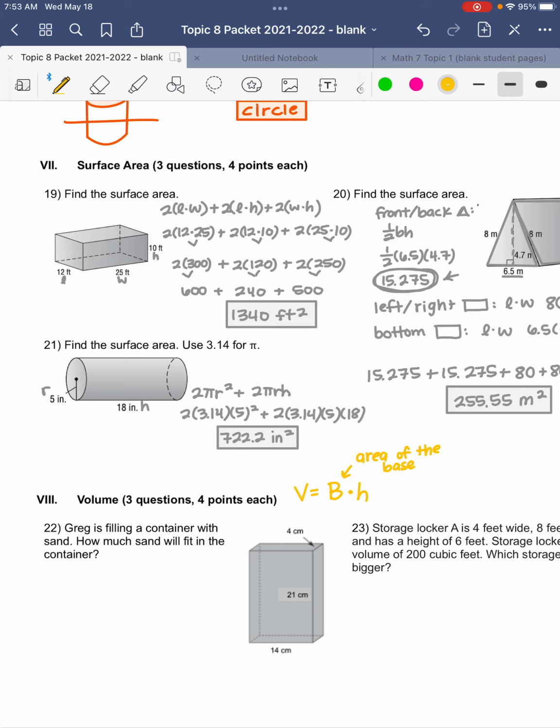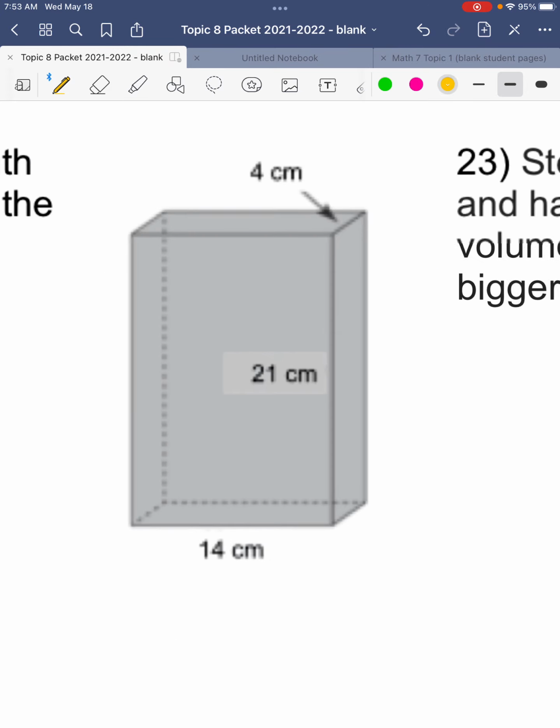Well, we've got a rectangular prism, and I know that my base is this rectangle down here, okay? Now, to find the area of that, I would just multiply length times width. And my width, it's labeled up here, is 4 centimeters. That right there is 4, okay? So let's think about this.